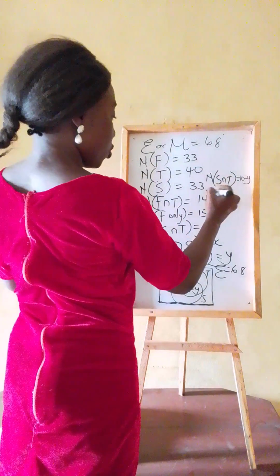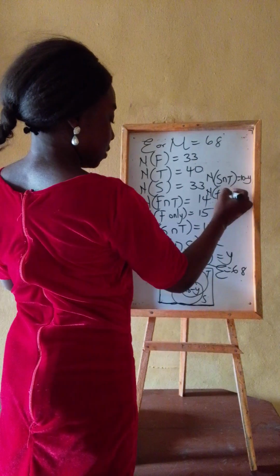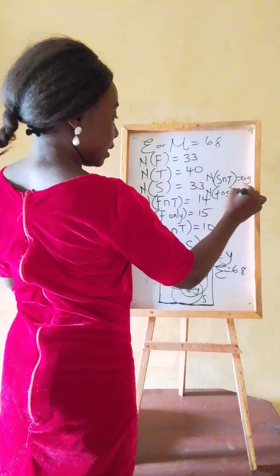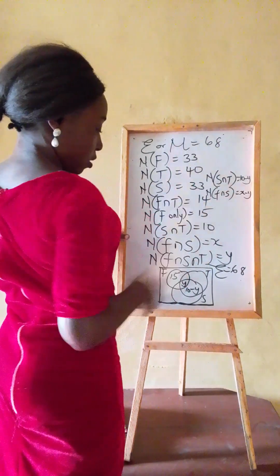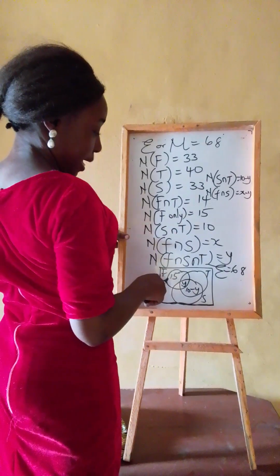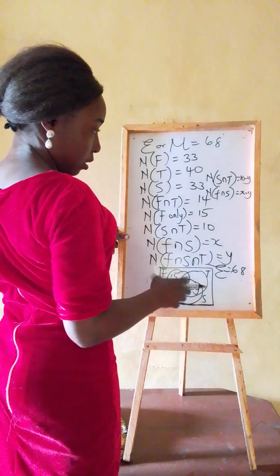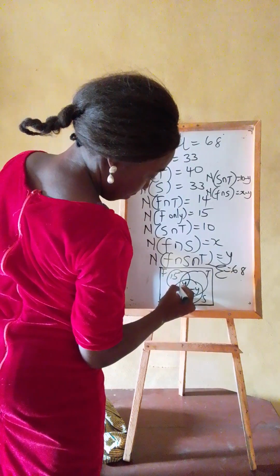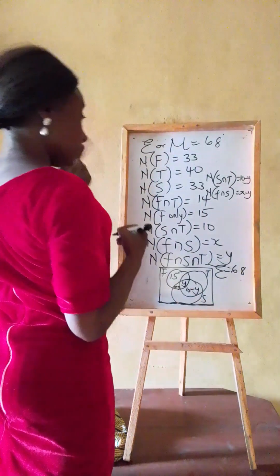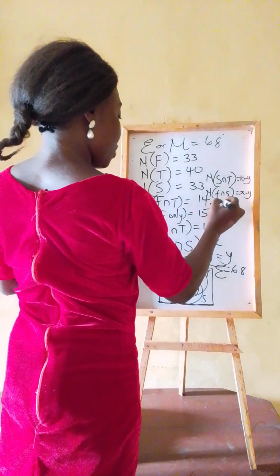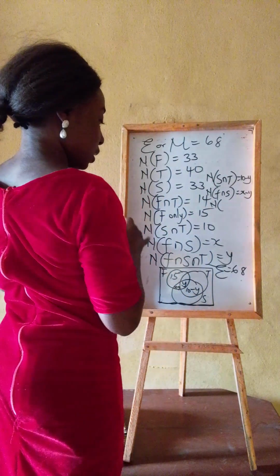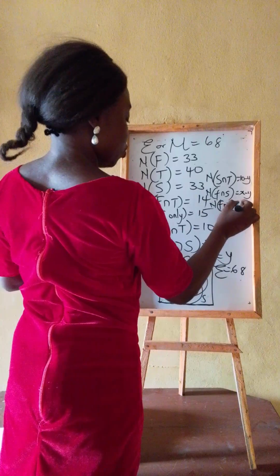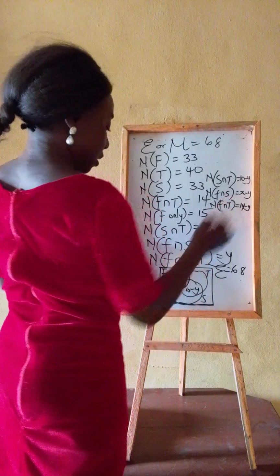Then the same thing for the number of F intersect S. That's going to be x minus y. So you come here, F S, that's going to be x minus y. Then for the number for F intersect T, that's going to be 14 minus y.